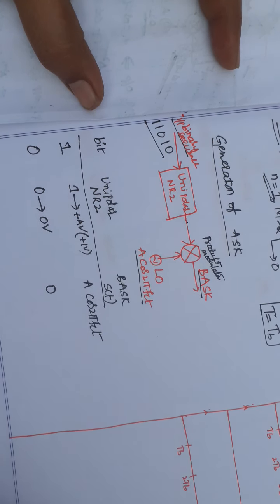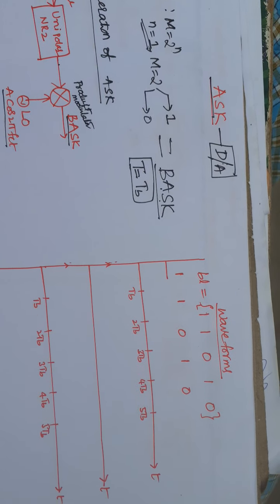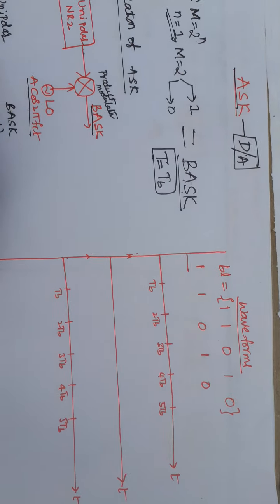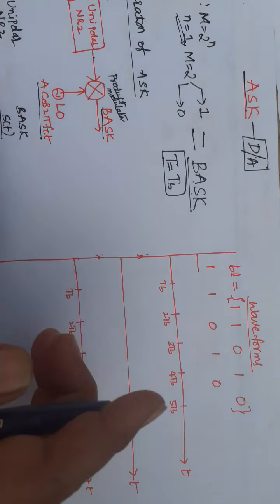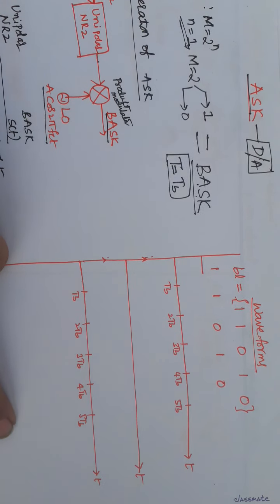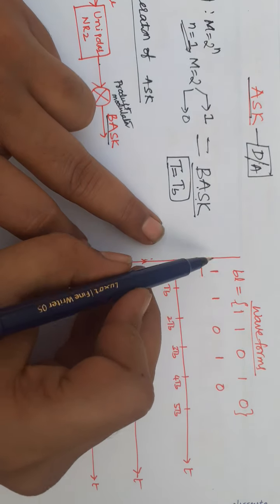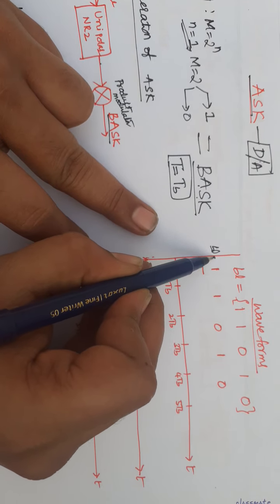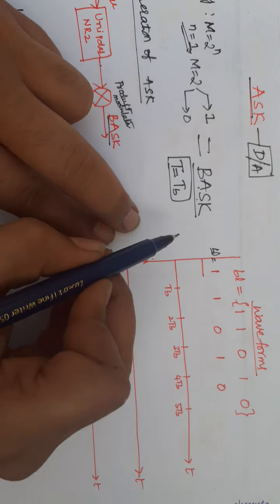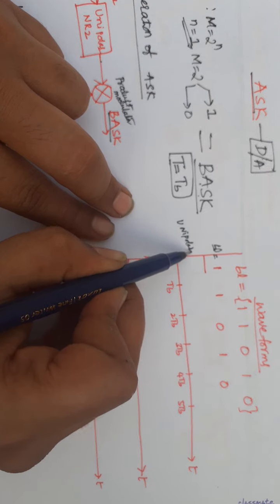Now the waveform representation of the BASK binary sequence 1 1 0 1 0. This is my binary sequence, and here is the unipolar NRZ.